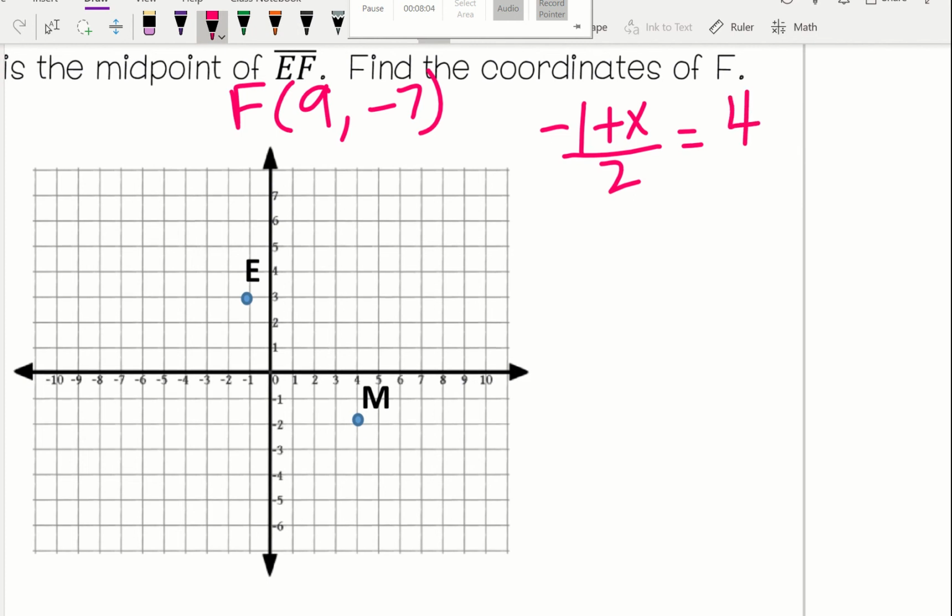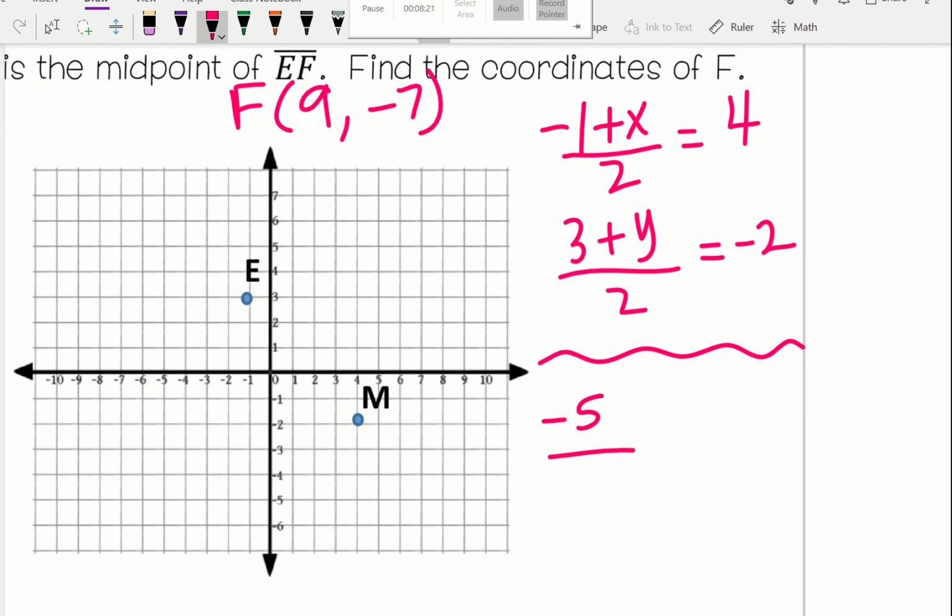And for the y would have been 3 plus y divided by 2 equals negative 2. And then counting, what do we get for our slope if we counted? Negative 5 over 5. And then we remembered that that was the y, that was the x. Good?